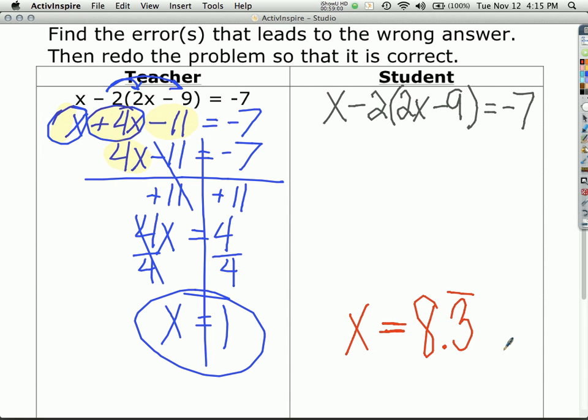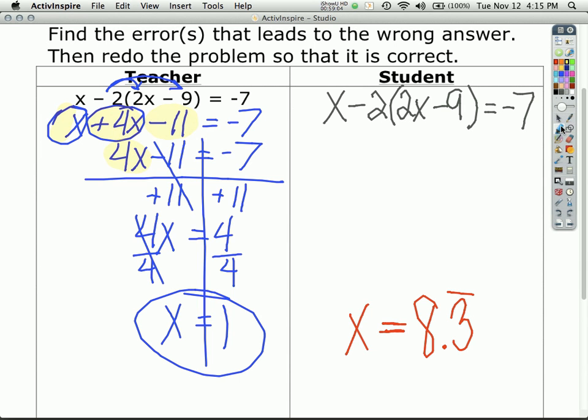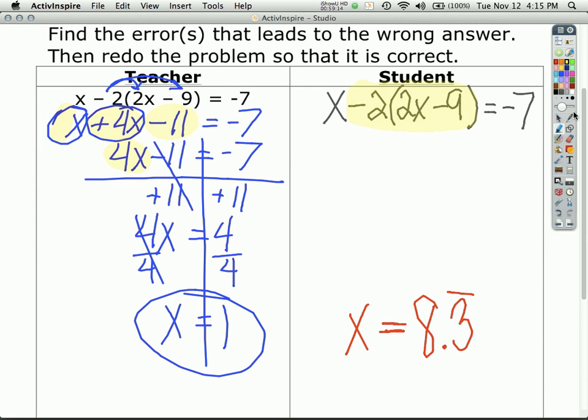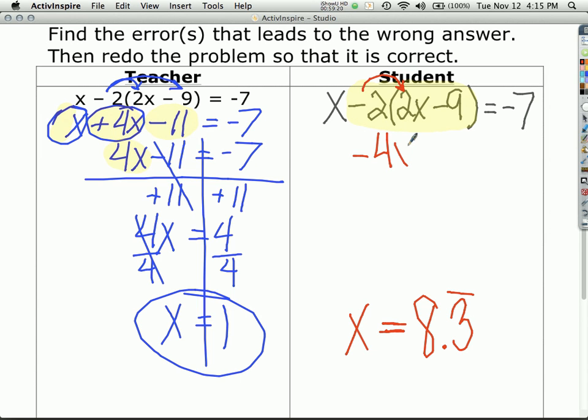So one of the mistakes was with distributive property and students not seeing that that is a negative 9. And one of your classmates was actually explaining this. This is negative 2 times 2x, that's negative 4x.